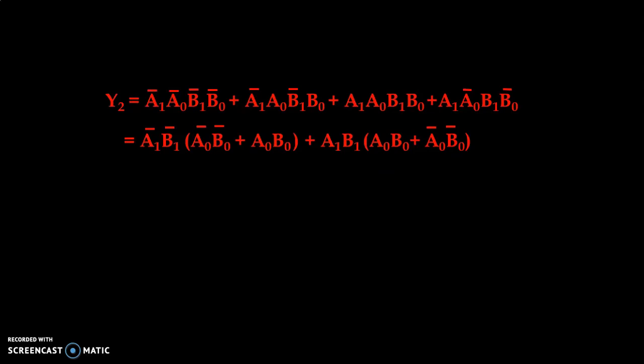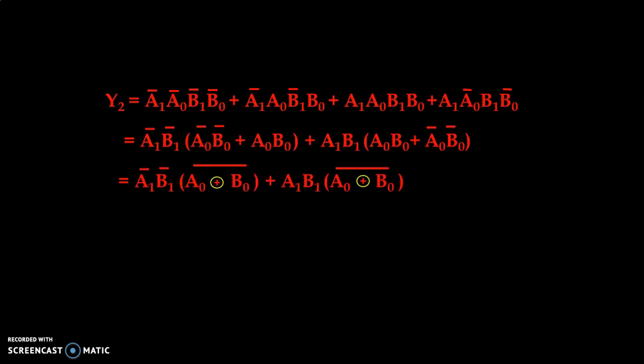So if we substitute exclusive NOR gate, then our Boolean function becomes: a1 bar dot b1 bar exclusive NOR gate with a0 and b0 plus a1 dot b1 and exclusive NOR gate a0 with b0.